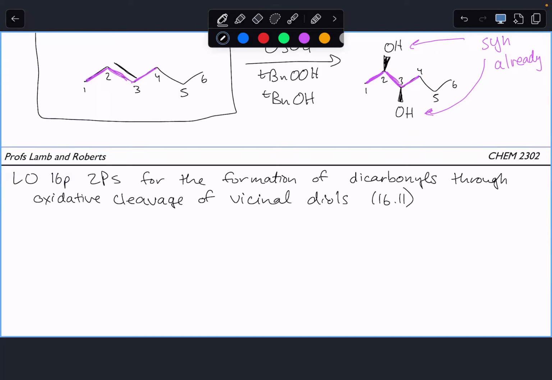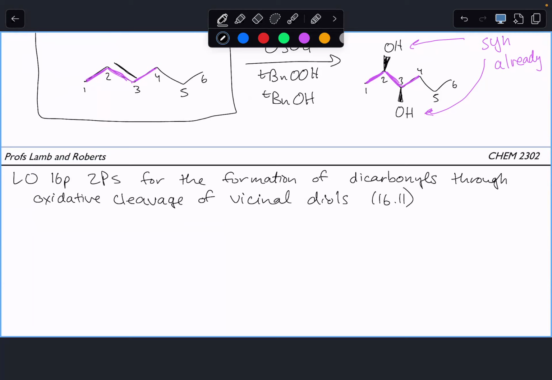Okay, so in our first learning objective today, we showed that if you have a diol, you can oxidize it up to a dialdehyde or a diketone using all of the reactions that you've already learned. This is a new reaction specifically for vicinal diols, right? So again, vicinal diols are kind of a special case.